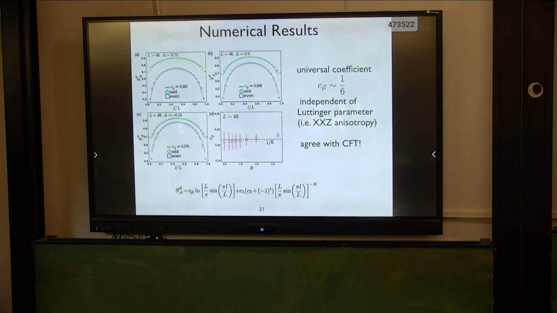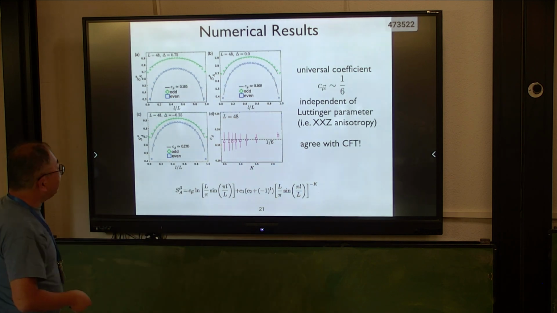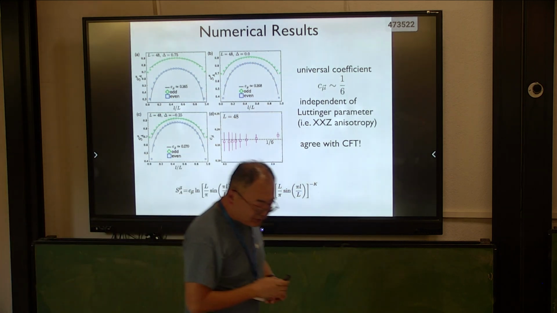So this is in good agreement with the theoretical prediction 1/6. Actually, he did this numerical calculation first and obtained this number first, and then obtained this 1/6.